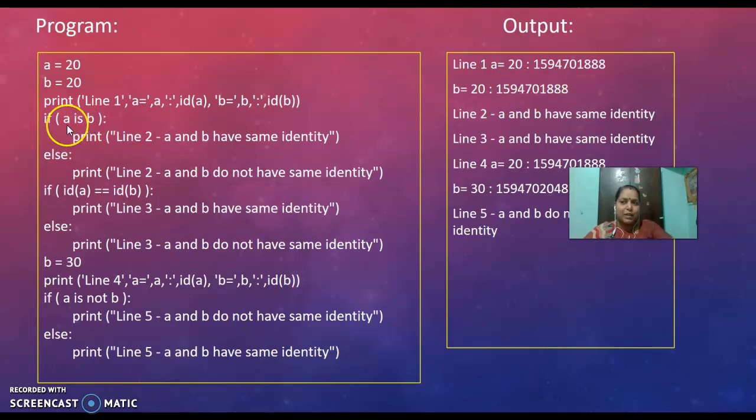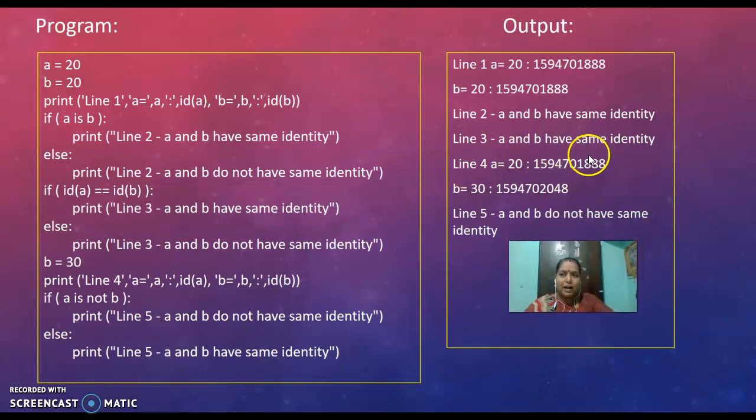If a is b, if the identity of a and b is the same, this will print a and b have the same identity. Yes, if id of a is equal to id of b, then line 3, a and b have the same identity, is printed.